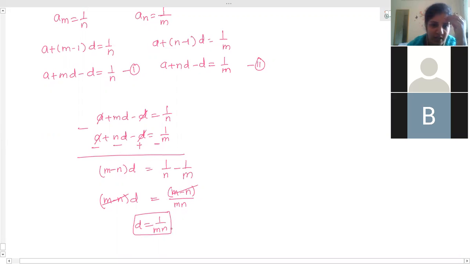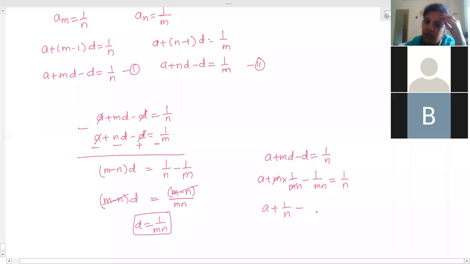Now substitute this value in any one of the equations to get the value of a. a plus md minus d is equal to 1 by n. Substitute the d value. a plus m into 1 by mn minus 1 by mn is equal to 1 by n. So this gets cancelled. a plus 1 by n minus 1 by mn is equal to 1 by n.